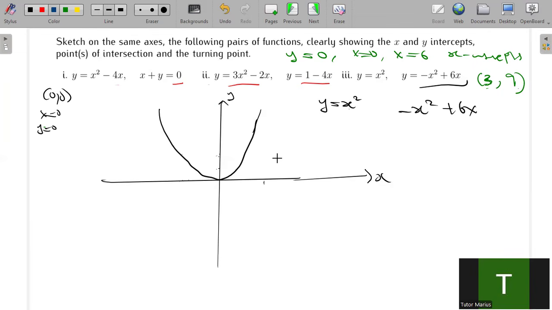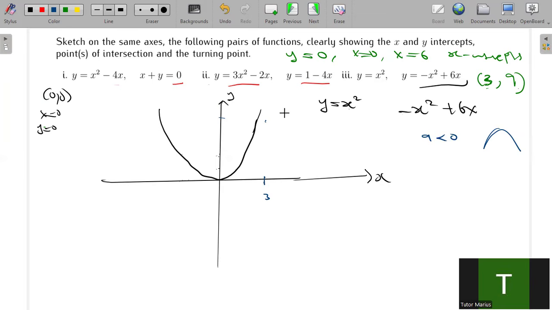Take note of that. So, okay, now here, because our a, you see, is less than 0, because negative 1 is less than 0, so you know that your graph is going to be facing down. So here you go to that point, which is (3, 9). So let's say my 3 is somewhere here, and then I don't know where 9 exactly is, but I presume it's there on top.